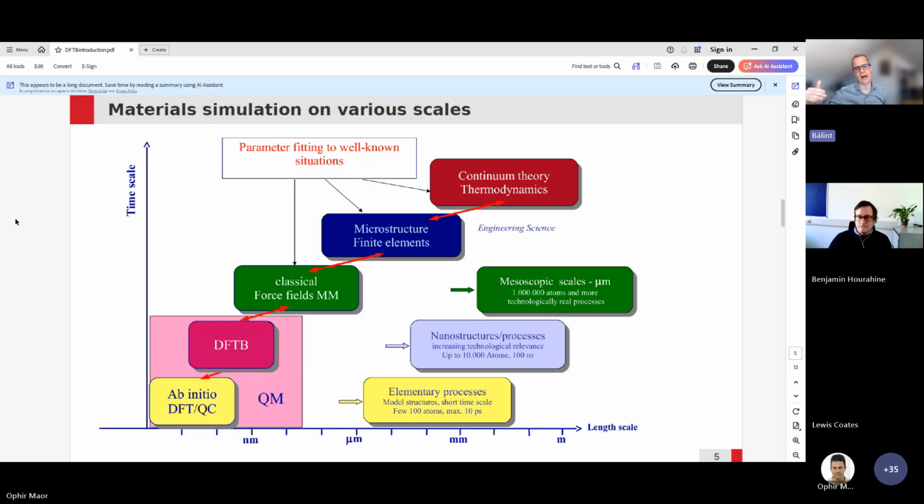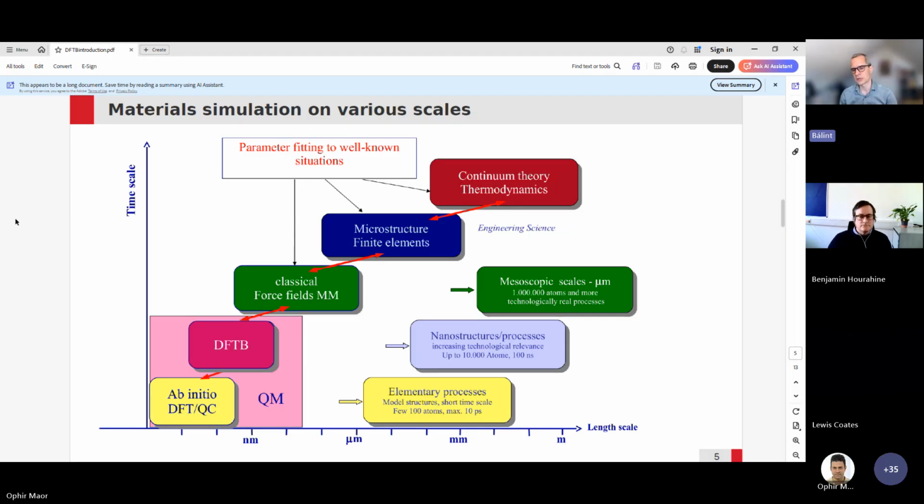Then you can go up to coarser and coarser methods, like classical force fields, where you have atoms as the smallest blocks, but the interaction between the atoms is no longer directly quantum mechanical. Instead you are fitting some interaction which mimics quantum mechanics, but does not include quantum mechanics directly.